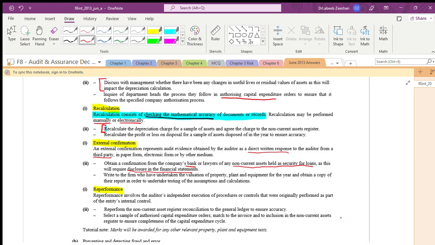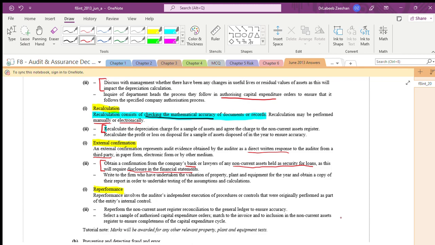That is the simplest way: obtain confirmation from the bank of any non-current assets held as security, as this will be required to be disclosed in the financial statements.